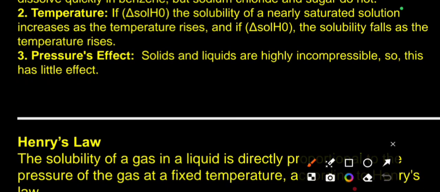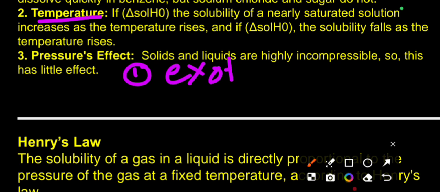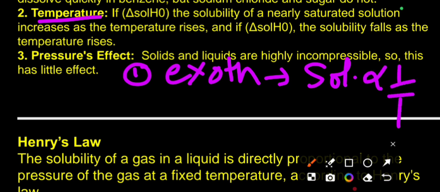One more factor written here is temperature. Suppose you have taken an exothermic process. In case of an exothermic process, solubility decreases with temperature. In Henry's law also, for the solubility of gas in liquid, we are taking an exothermic process.